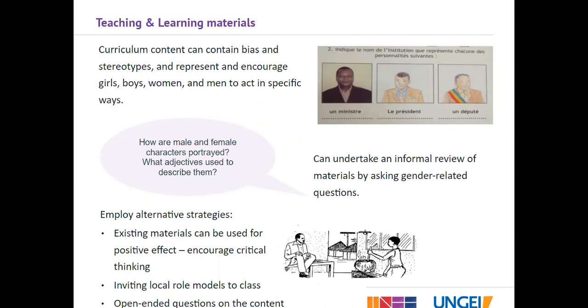So key questions can be asked with the aim of showing girls, boys, women and men in a variety of roles that promote equality, assessing how male and female characters are portrayed and how they are described in teaching materials, for example.